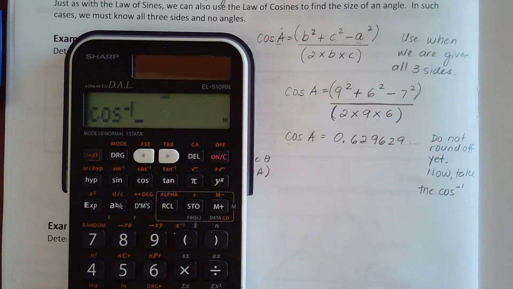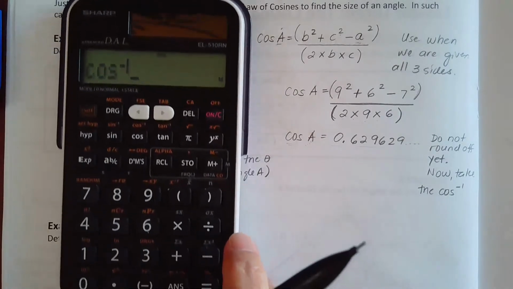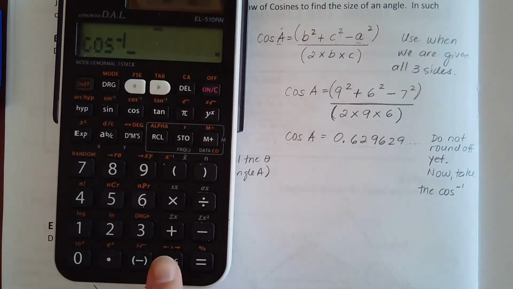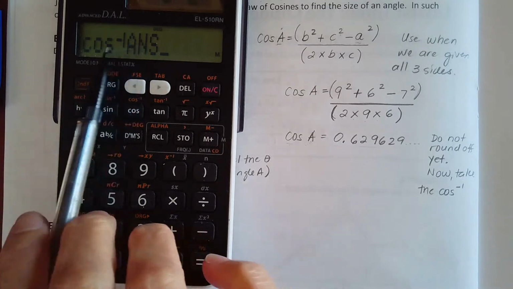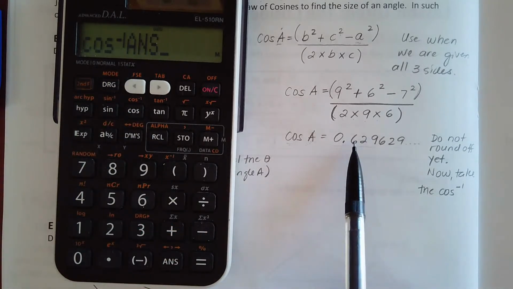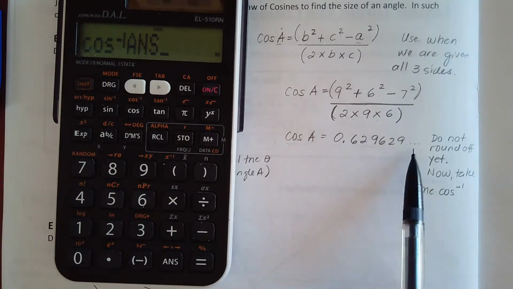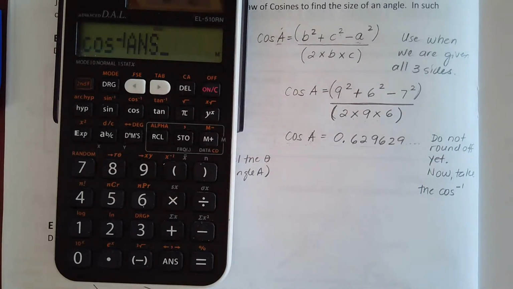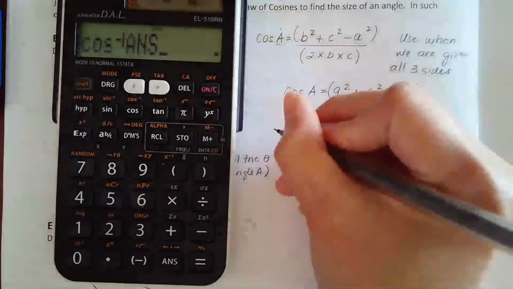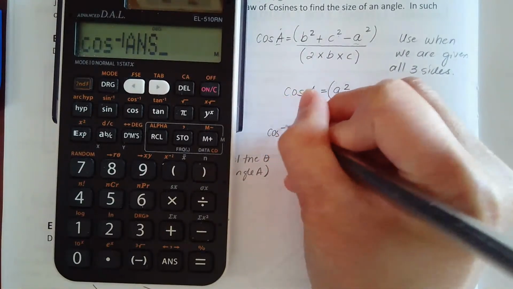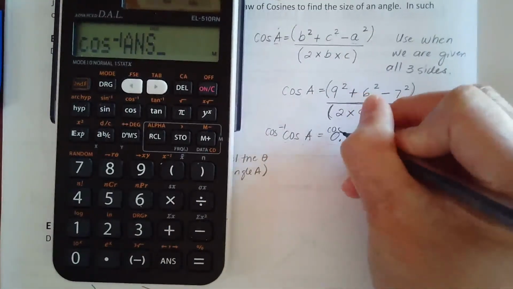So cos inverse, and then type in whatever answer. Most of our calculators have an answer button, so I'm just going to put answer. If you don't have the answer button, then you might have to type in all of these numbers as much as you can. So now we're going to take the cos inverse on both sides.